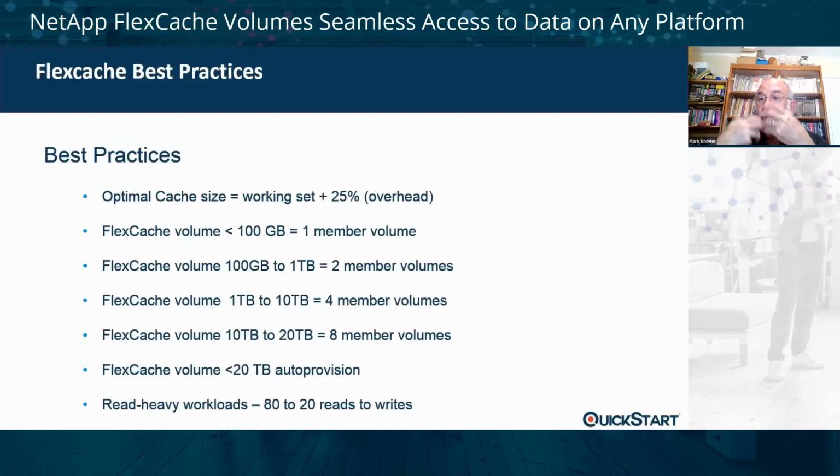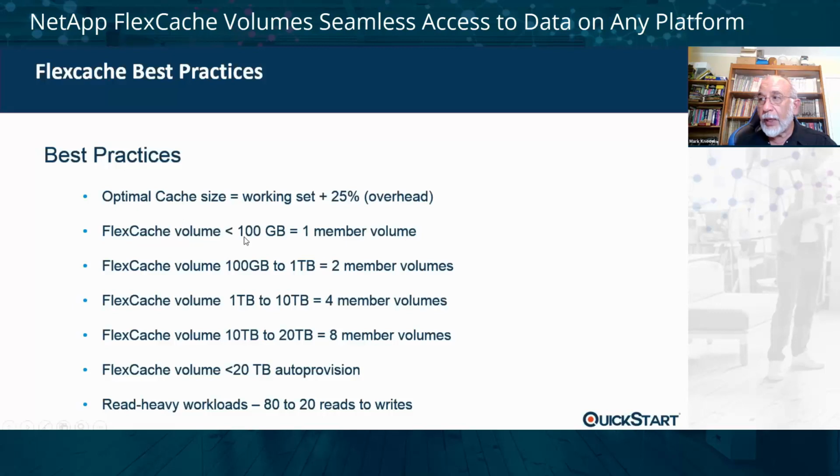So it's made up of member volumes, and those member volumes could be distributed across a cluster. Okay? So we need to kind of have an idea how large the cache is to know how many member volumes we need to support that workload. And here you can see kind of how that works out.